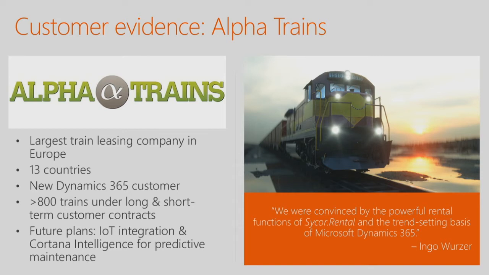And the next steps for them are, because trains are for sure a high-investment equipment, they plan to do IoT integration. They want to include predictive, preventive maintenance to support the best service for the customers.